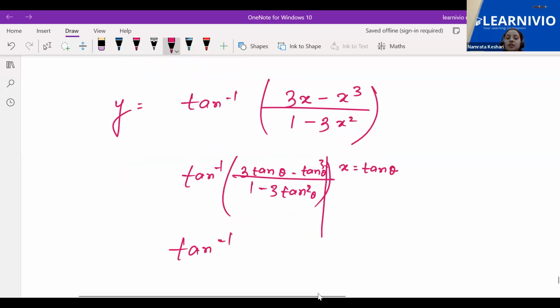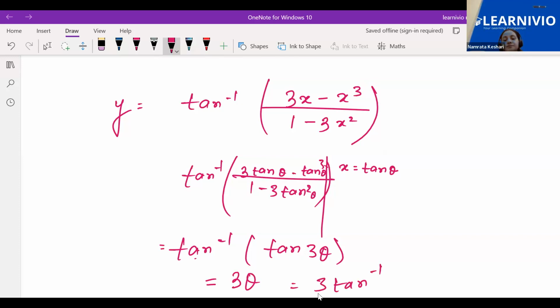So tan inverse of tan 3 theta will give just 3 theta, that is 3 tan inverse x.